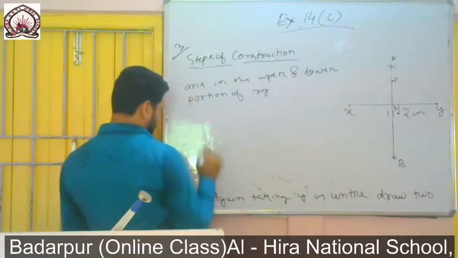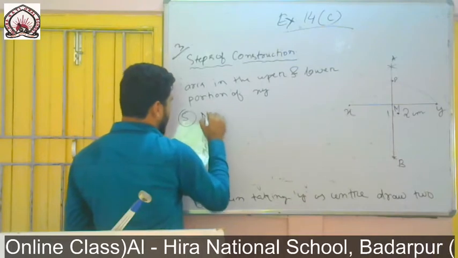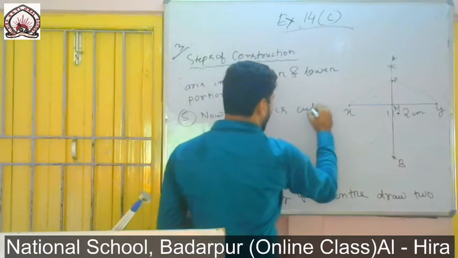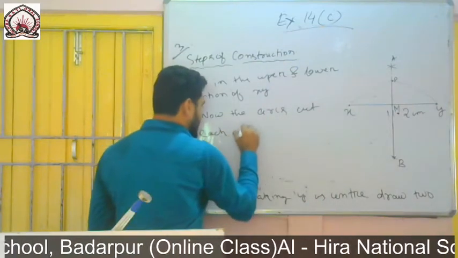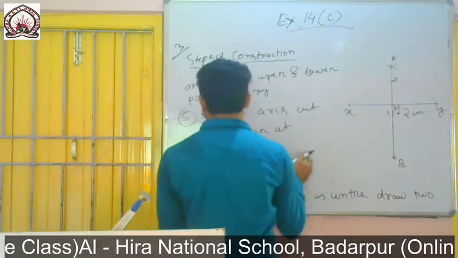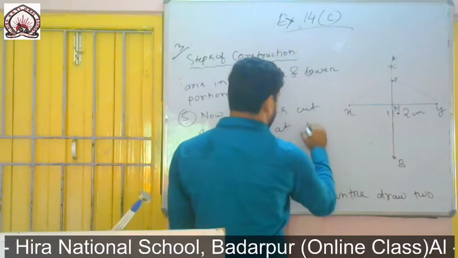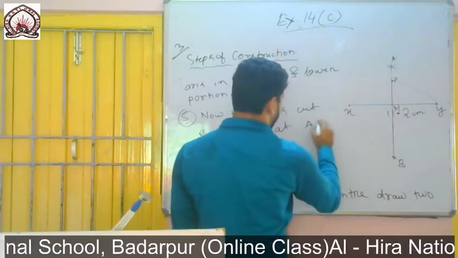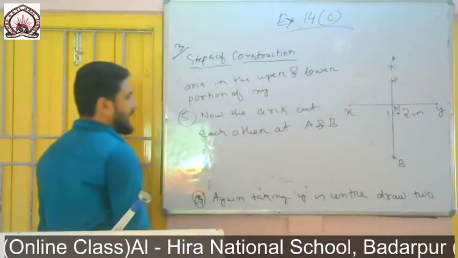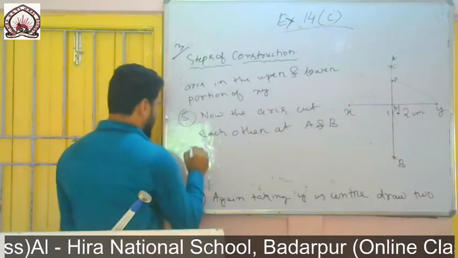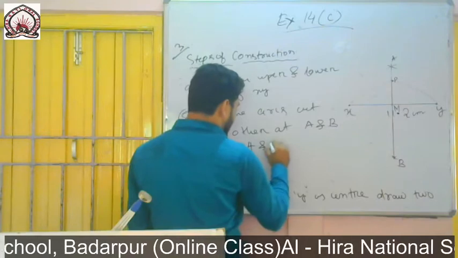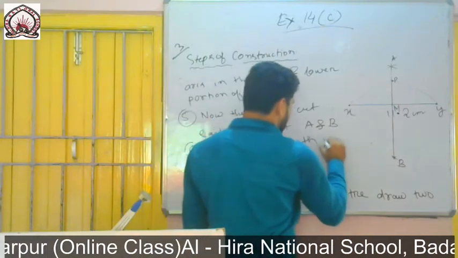So write step 5: now the arcs cut each other at A and B. Full stop. Number 6, join A and B with a ruler.